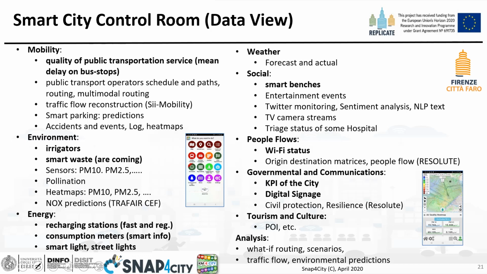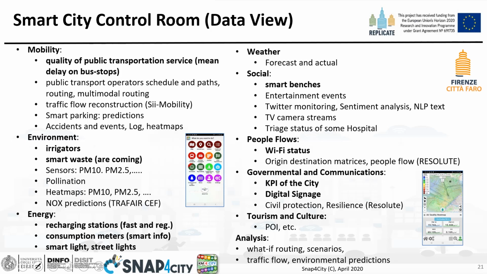We have also events for traffic that are not reported here, but are shown later on. I am going to show them. Twitter social monitoring and TV camera streams can be integrated as well. Status of the triage for the hospital. This is more than social, it is healthcare.